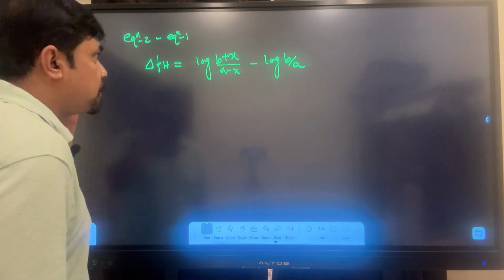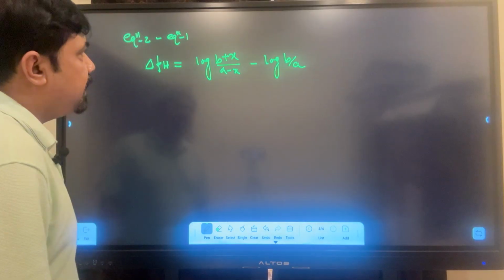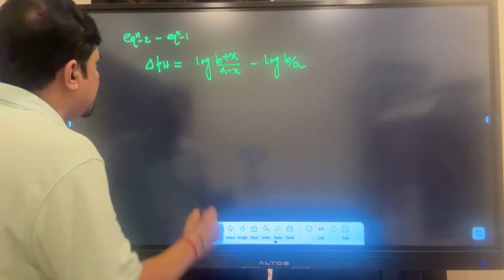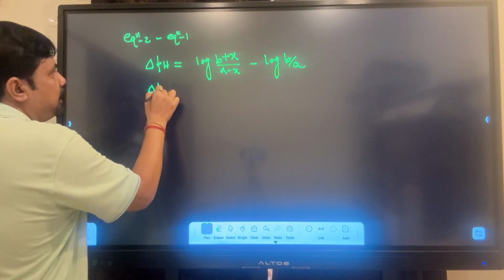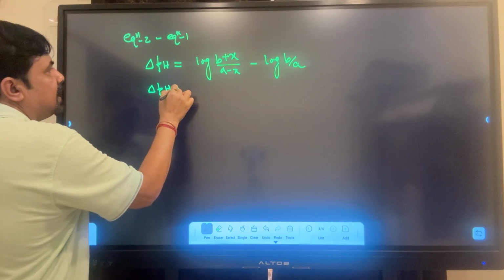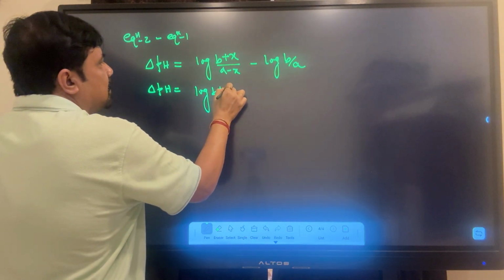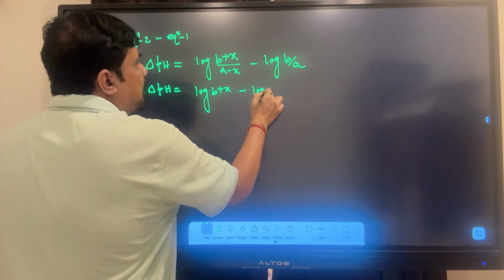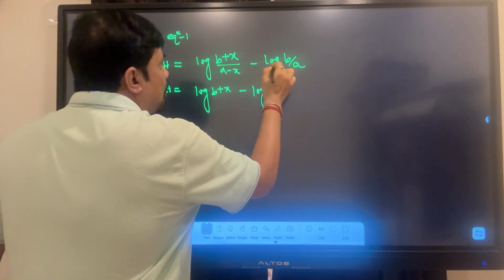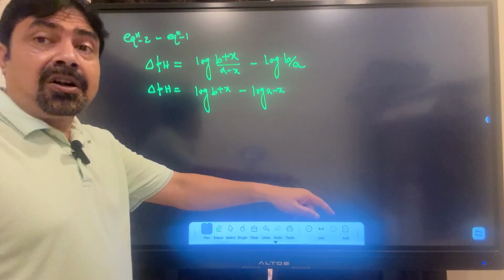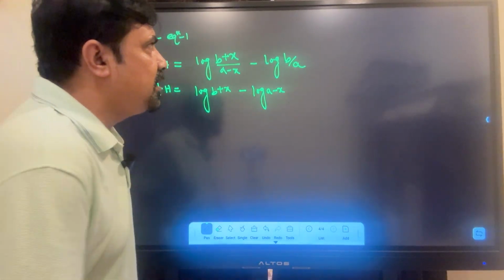Now look at this part, log (B plus X) and log (A minus X). I am writing delta pH equals log of (B plus X) minus log of (A minus X), because we know log A by B equals log A minus log B. This is the formula.